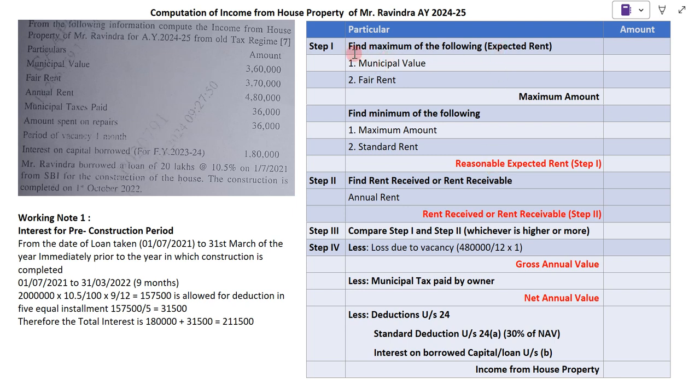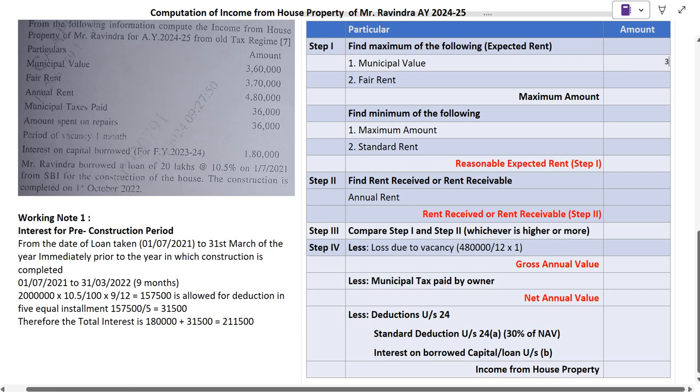For calculation of reasonable expected rent, that is step number 1, we have to find the maximum of the following. From these two we have to find the maximum amount, municipal value and fair rent. How much is the municipal value given? 3,60,000. So write 3,60,000 in front of municipal value.